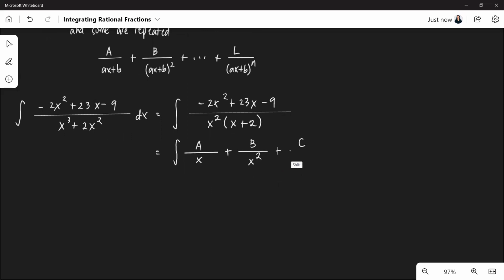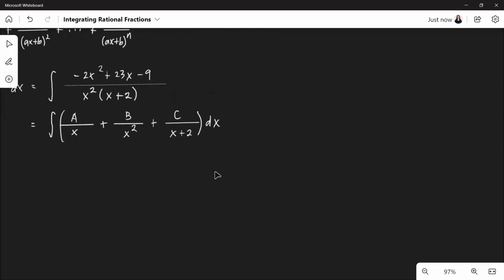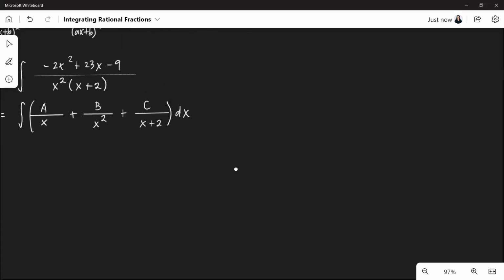So we need another partial fraction for the other linear factor x plus 2. So we need to solve for a, b, and c. Let's compute for a, b, and c here on the side. So same process with case 1.